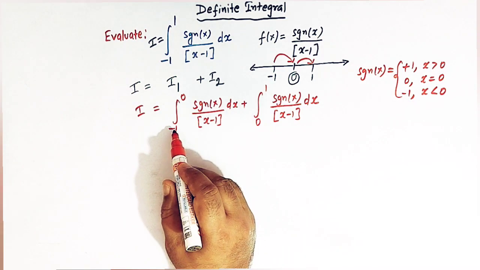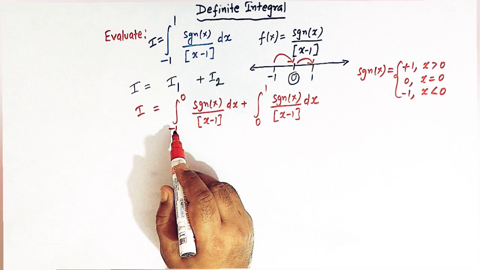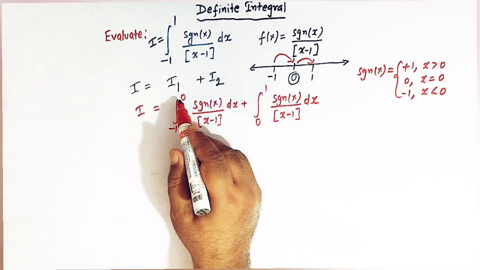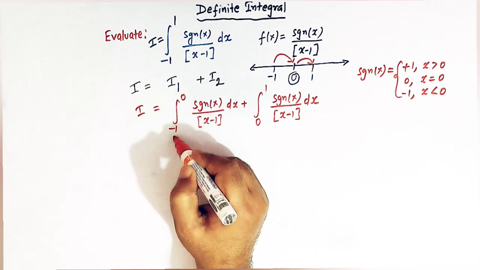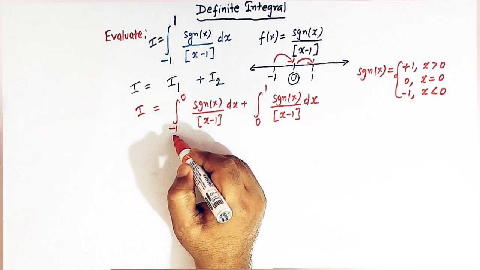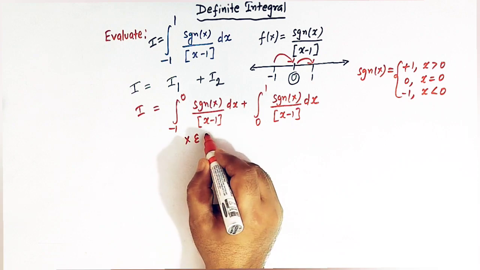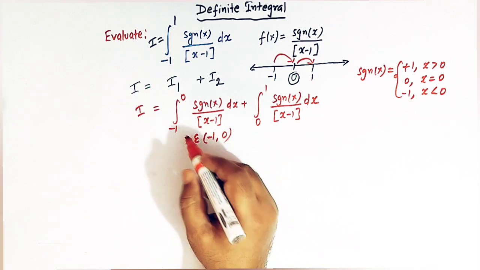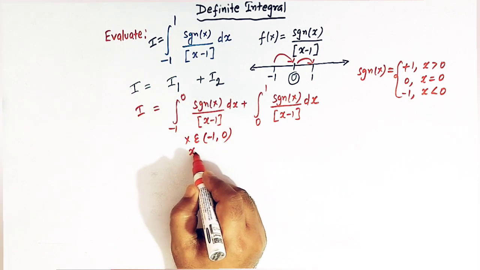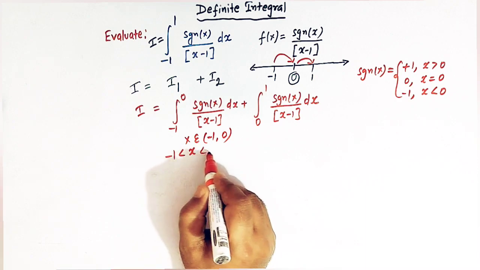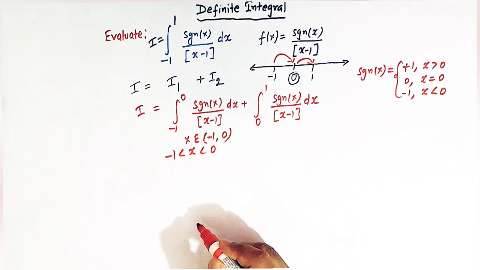Now see, in the first integral, the limits vary from minus 1 to 0, right? So x belongs to the interval minus 1 to 0, or we can write x greater than minus 1 and less than 0, right?